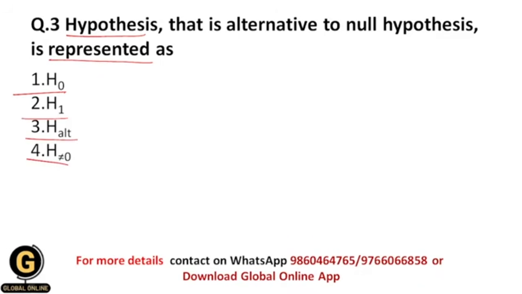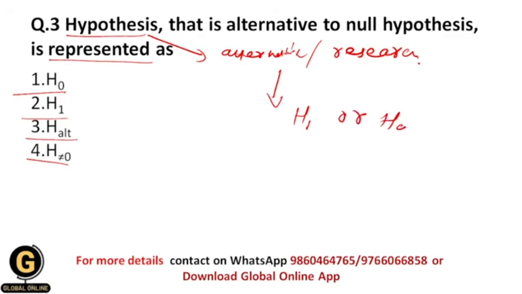So basically students, null hypothesis predicts that there is zero relationship between the variables, and that's why the alternative hypothesis predicts that there is a relationship between the variables. All of you getting? And that's why this kind of hypothesis is called the alternative hypothesis, or it is also called the research hypothesis. Okay, and it is denoted by H1 or HA.